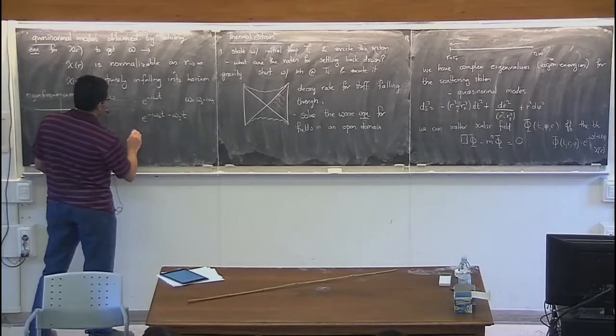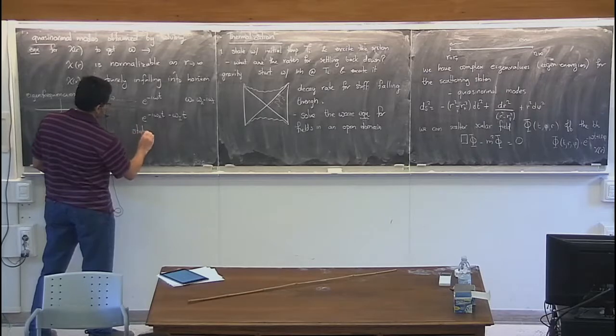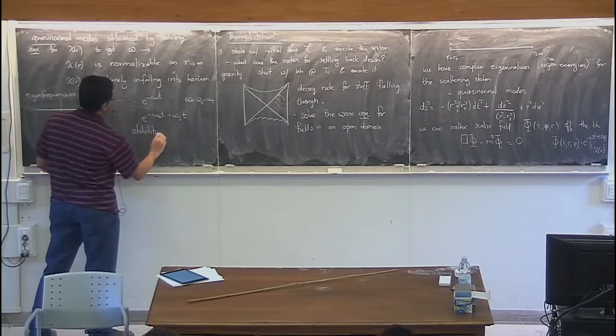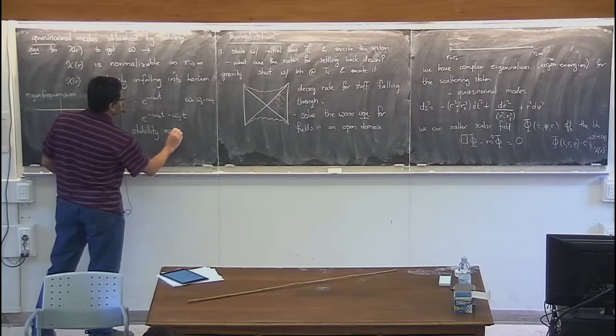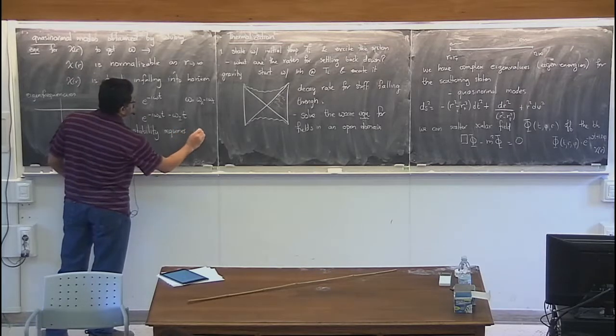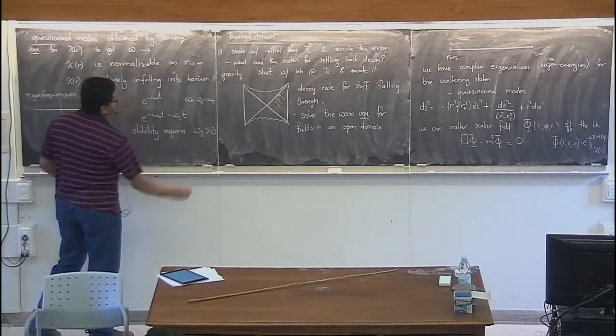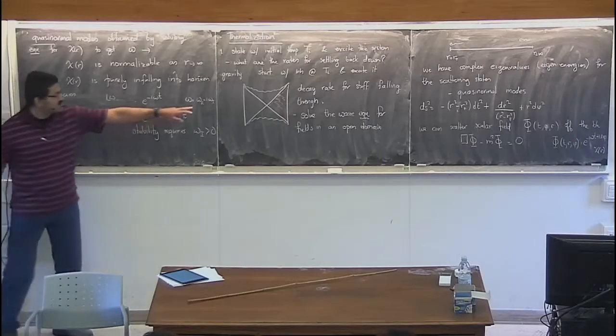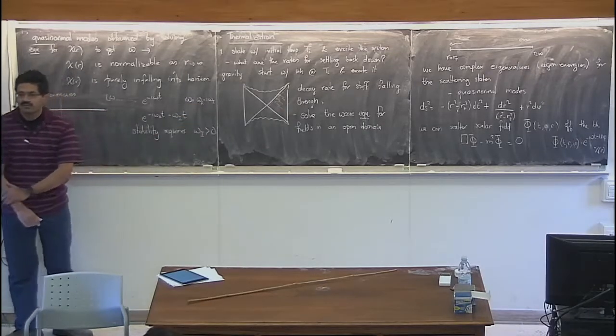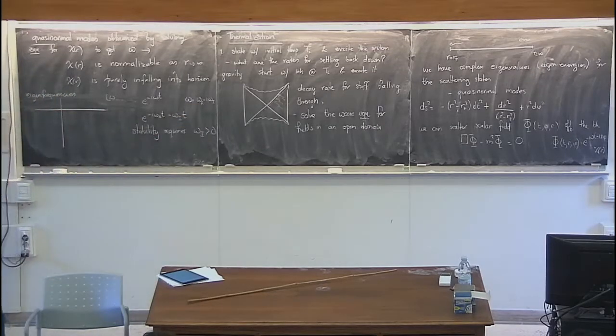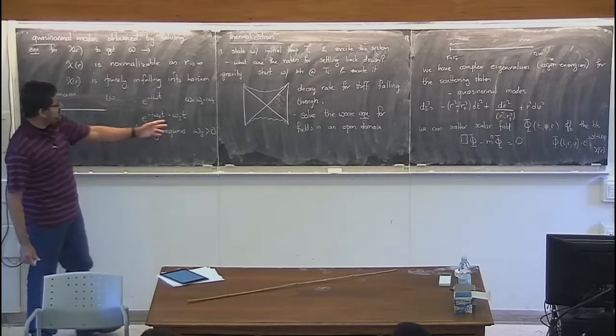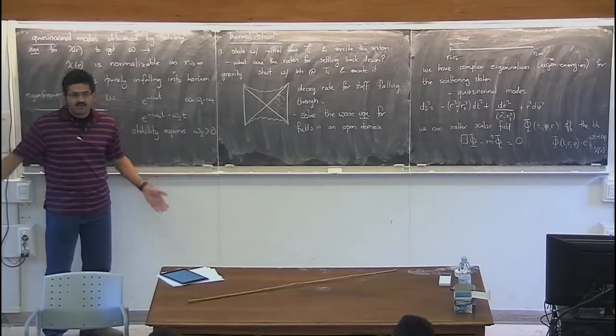So stability requires that omega I, as written with this convention, is positive, because otherwise, if omega I is negative, I don't have exponential damping, I have exponential growth.